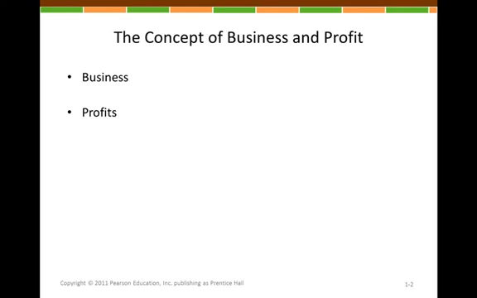Okay, a revenue is something that the company would receive for selling goods and services. So the easy way to determine your revenue is to multiply the number of goods you sold or services offered by the price of those particular goods and services per unit, and that will give you an idea of what your revenues are.